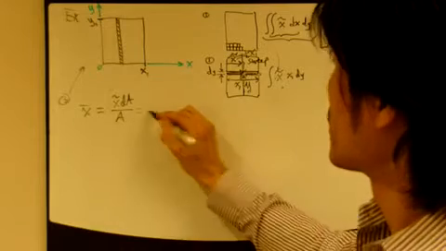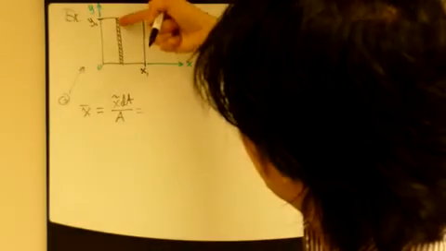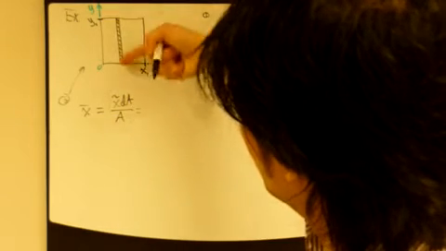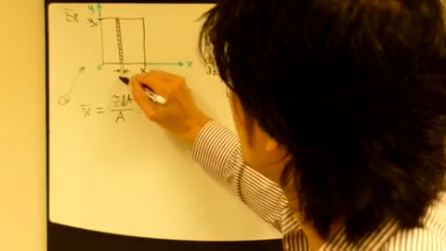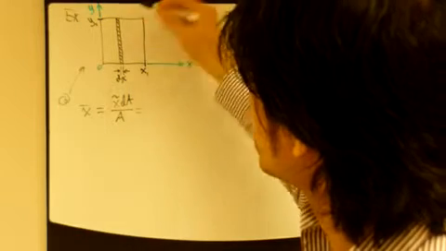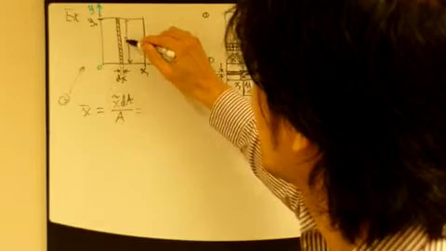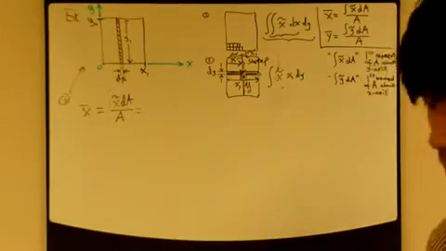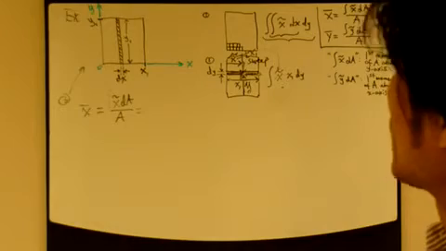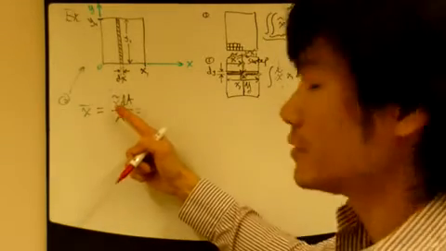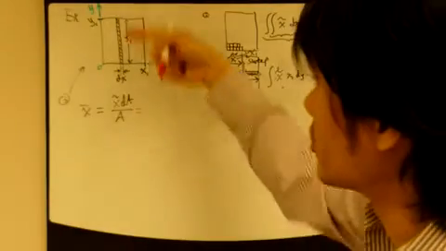Okay. So now I need to replace this dA with something. dA, which is the elemental area of the strip right here, which is this width, which is dx, times height. Height of this strip is exactly y1. And x tilde, which is the centroid of this elemental strip.